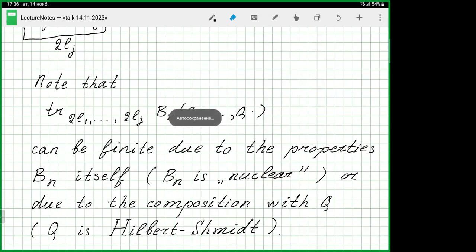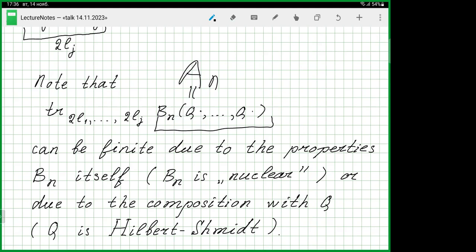for the following reason. You see, our An will be equal to the following. This is the result of the second quantization. We just put inside the initial kernels of the Ito-Wiener expansion this operator Q. After we have such an expression, the finiteness of the trace can be guaranteed by several reasons.